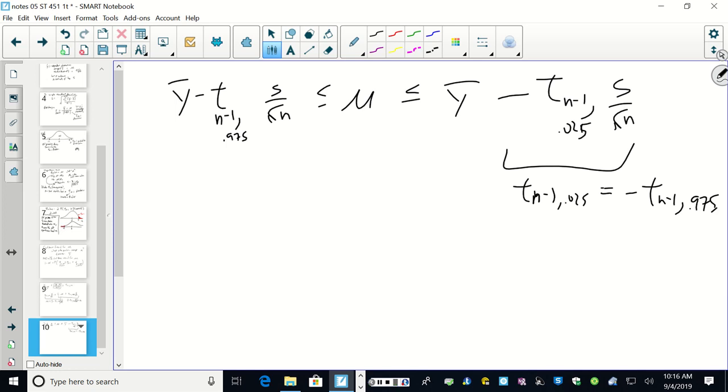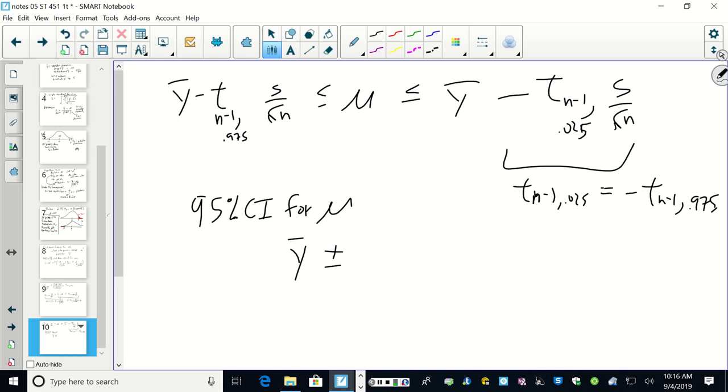So you make that switch, and you get the usual form. If you plug that in there, we report a 95% confidence interval for mu as y bar plus or minus t 0.975 times s over the square root of n, with n minus 1 degrees of freedom.